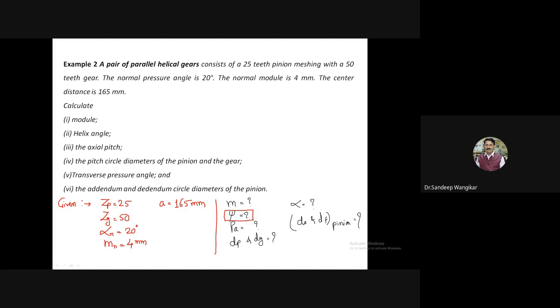So in this case, first we will calculate the helix angle, and then all the formulas are the same. We will not write the separate formulas, we will directly proceed to the numerical. So write down what is given and what is required to be calculated. I will give you 1 minute.